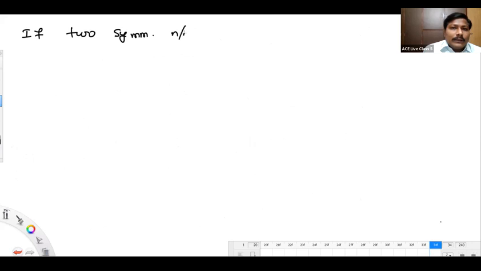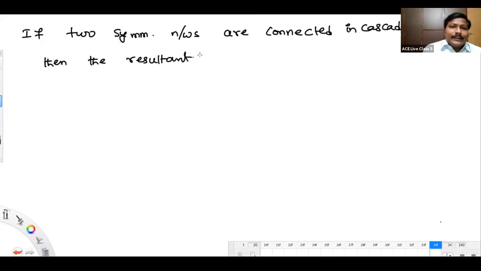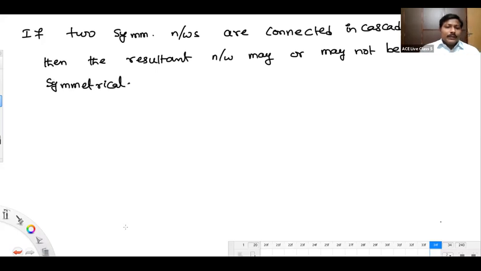Two symmetrical networks are connected in cascade, then the resultant network may or may not be symmetrical.